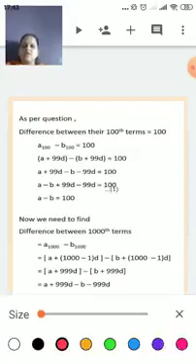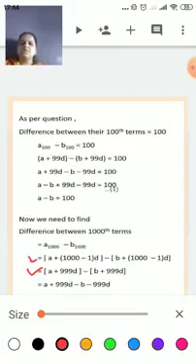Yes, so again we will use the same formula, a plus n minus 1 into d. So A thousand is a plus 1000 minus 1 into D, minus B thousand, which is b plus 1000 minus 1 into D. So it will become a plus 999D minus, see here the bracket is a must, it is compulsory, because a minus sign is given, so we have to change the sign.